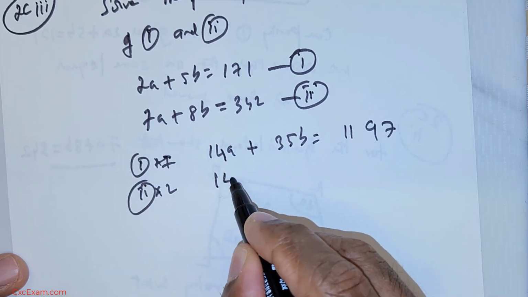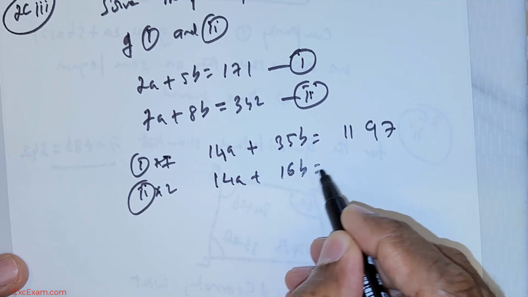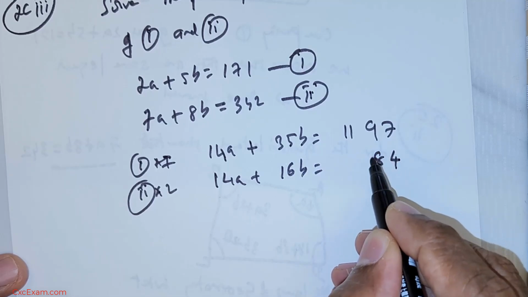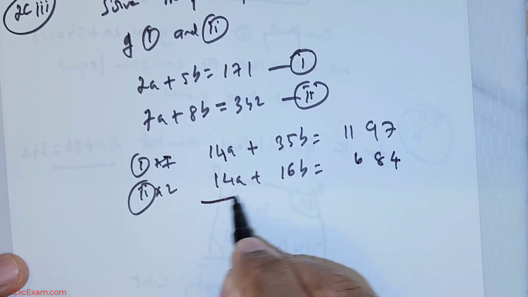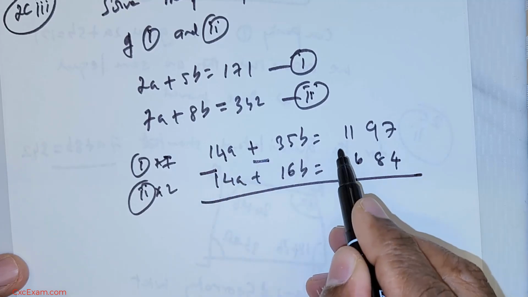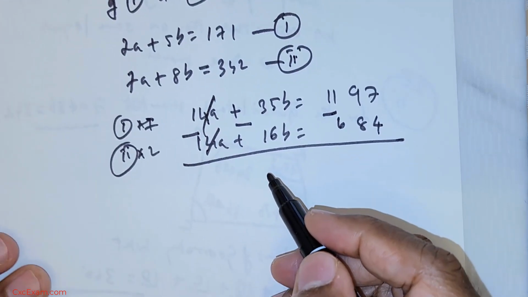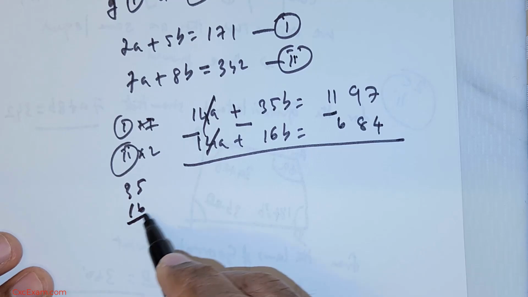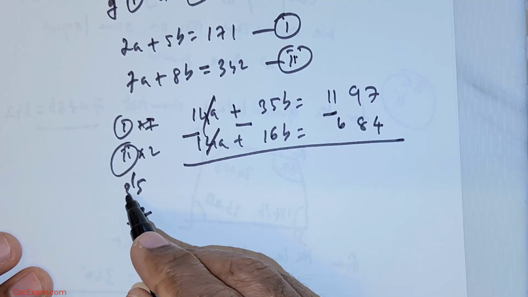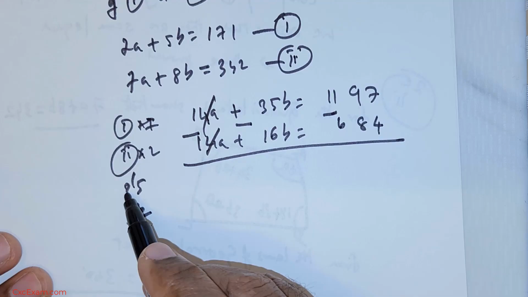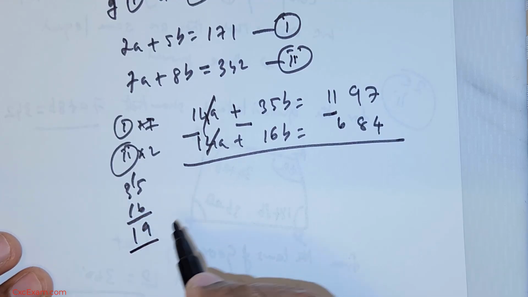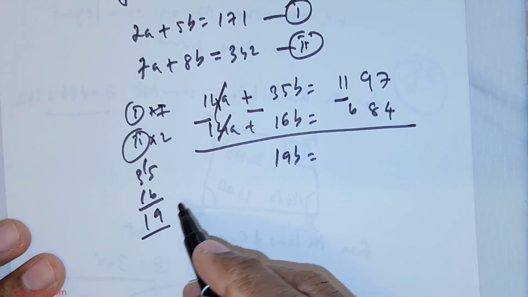So 2 times 7 is 14a + 16b = 2 times 2 is 4, 4 times 2 is 8, 3 times 2 is 6. Change the sign, change the sign, change the sign. These two get cancelled. So from 35 you take away 16. What do you get? You get 19b there.